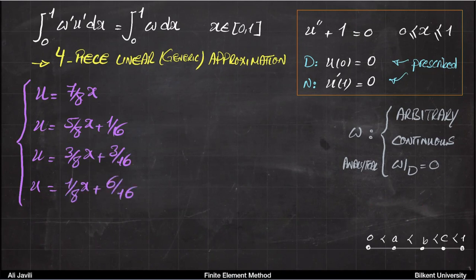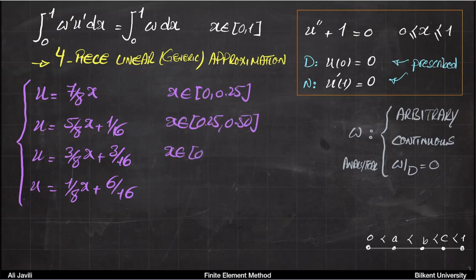If you look at this now, the first piece is for x in the first quarter, then x is in the second quarter. So it looks like a uniform four-piece.